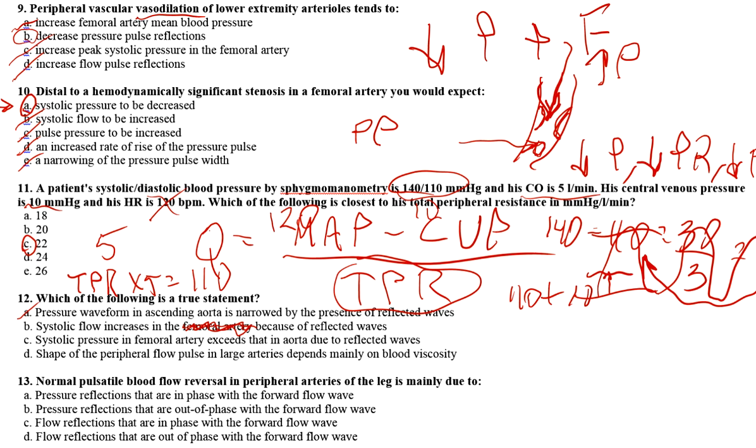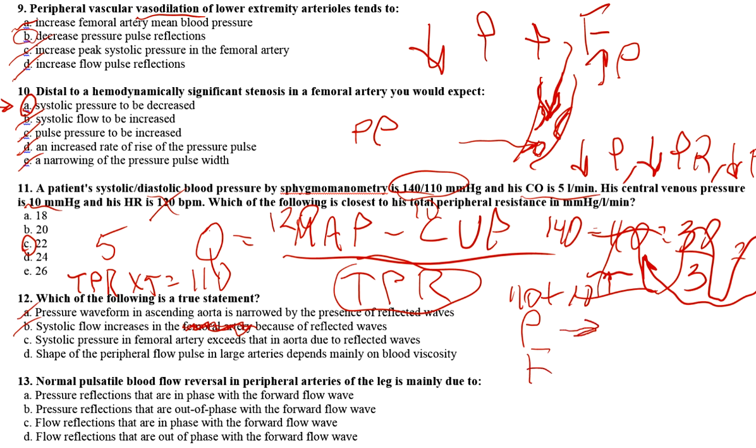Okay, C. Systolic pressure in the femoral artery exceeds that in the aorta due to reflected waves. And that would be true because of reflected waves, the further away you get from the heart, the higher peak you can get. If you remember, we have two types of waves: pressure waves and flow waves.